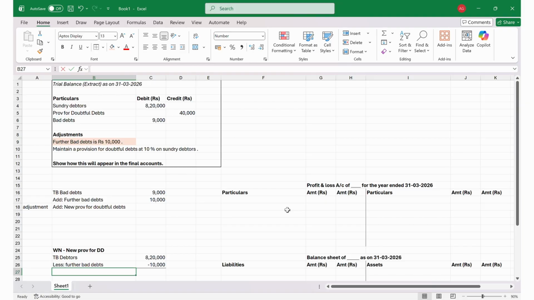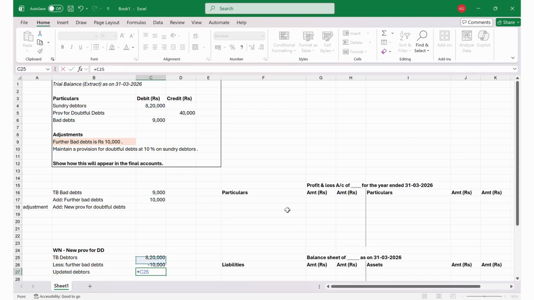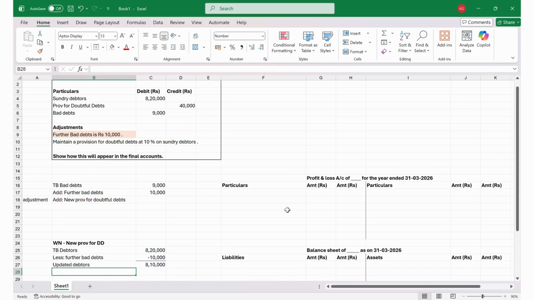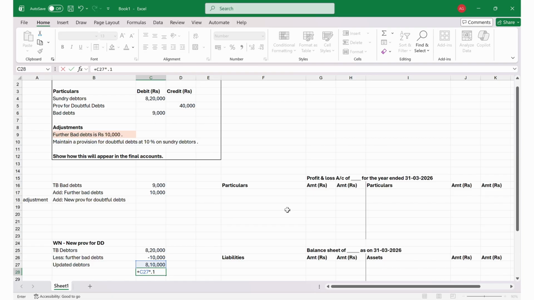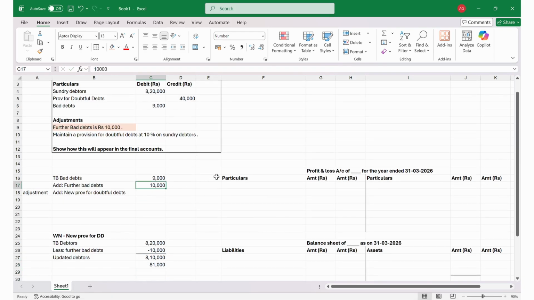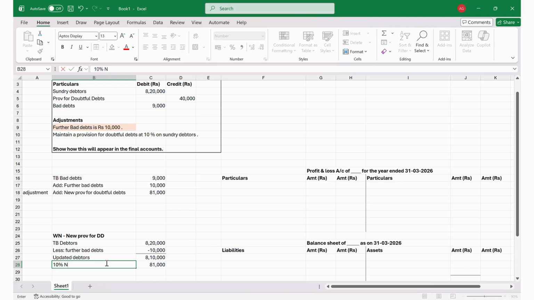Remove that, and then you will get a value called updated debtors. This updated debtors is 8,10,000. Now on this value only you have to compute the 10% provision for doubtful debts. Therefore the number will be 81,000. So remove the further bad debts if it is given in the question, and then find out the 10% new provision for doubtful debts. So 81,000 I have brought it here, and this is also to be added.